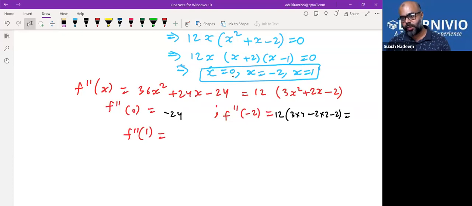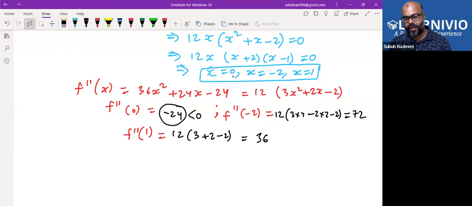So this will be 12 into 6, 72 will come. And then we have F double dash 1, so 12 into 3 plus 2 minus 2. So this will become 36, right? So first, F double dash 0 is minus 24, which is a negative value.